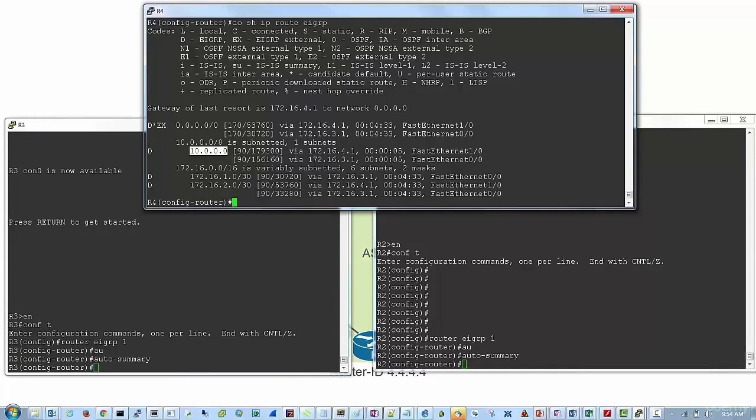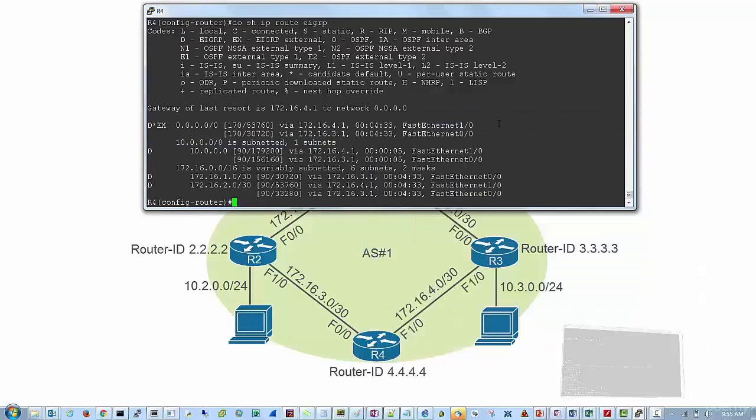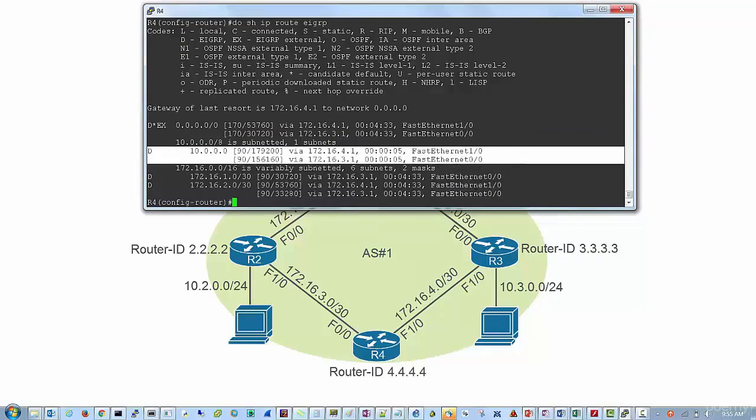So you can see how auto summary can really mess up your topology. R4 doesn't know that it should go to R2 for R2's 10.2.0.0 network, and the same for R3. So that's why it's always a best practice to have no auto summary. There are scenarios sometimes where it makes sense to just let auto summarization summarize routes for you, but most of the time it's best to manually summarize so you have control over the summarized routes in your network.